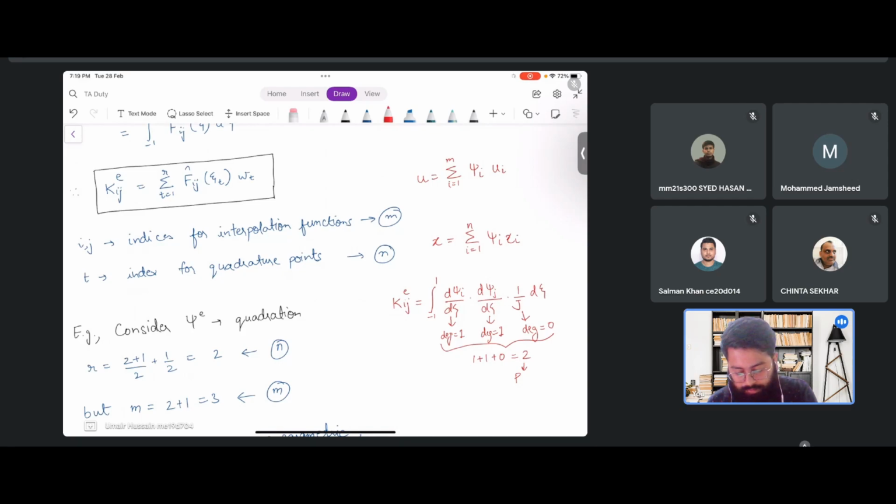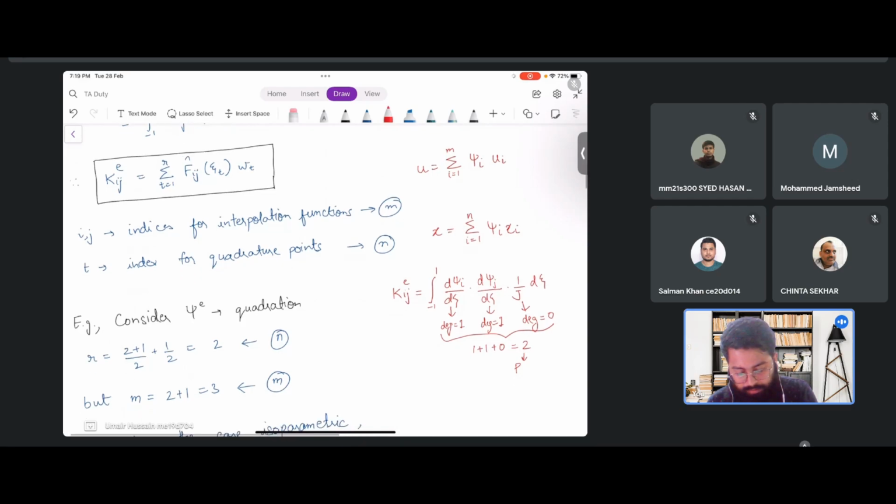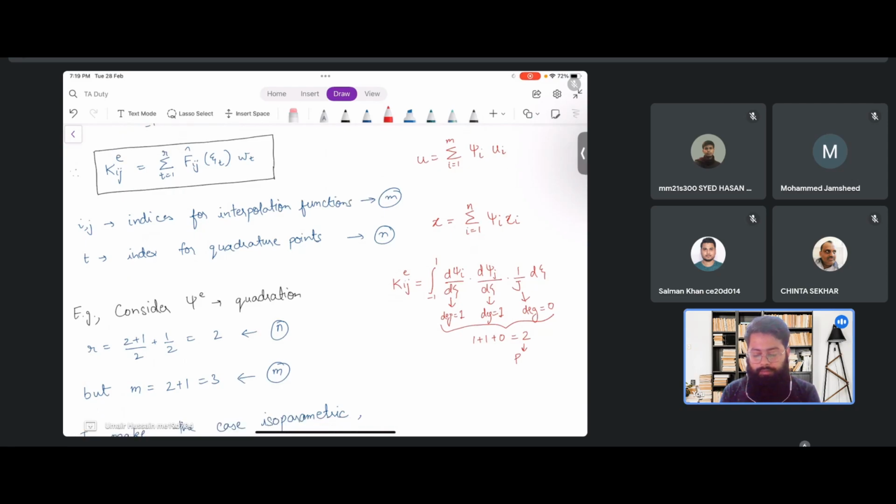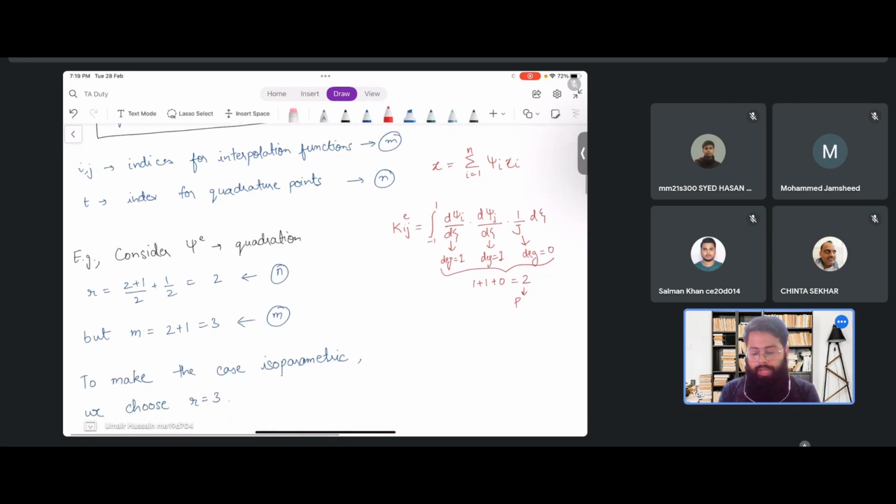So the number of quadrature points required is 2. So basically the value of n is 2. However, m is equal to the degree plus 1, so m is basically equal to 3 here. We are using 2.